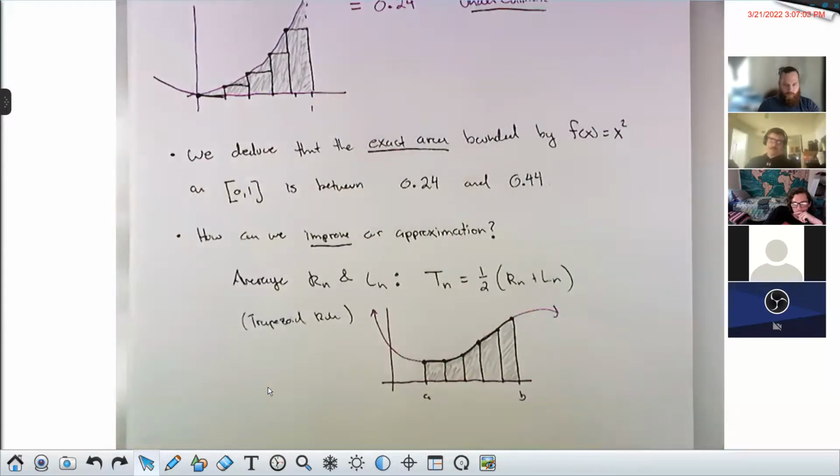There are other ways, though. Any other ideas? Instead of right or left, go from the center. We could take our sample points to come from the middle.